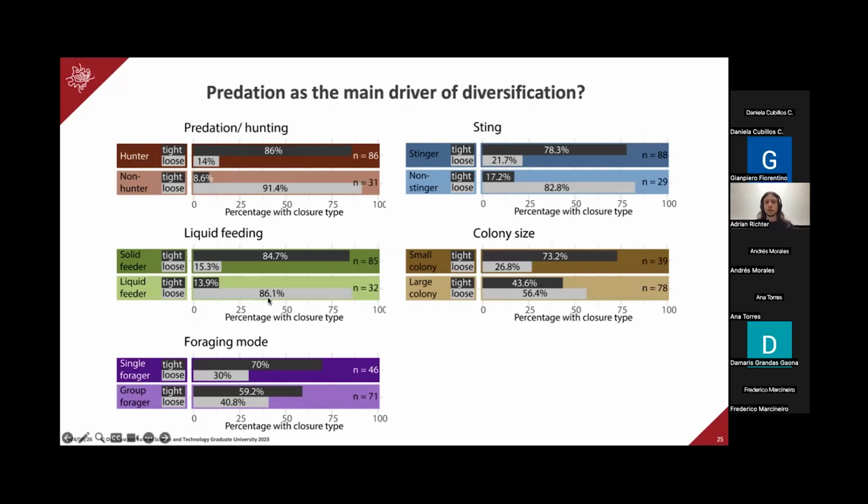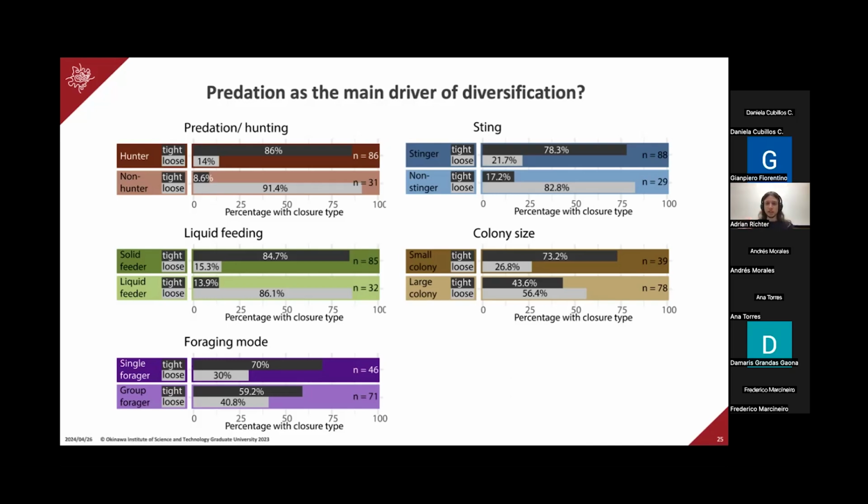And similarly for liquid feeding, this also is pretty clear, though the correlation doesn't seem as strong. And then for foraging mode, it's not that well correlated. Stinging is also kind of correlated here, and colony size is, well, not really well correlated.